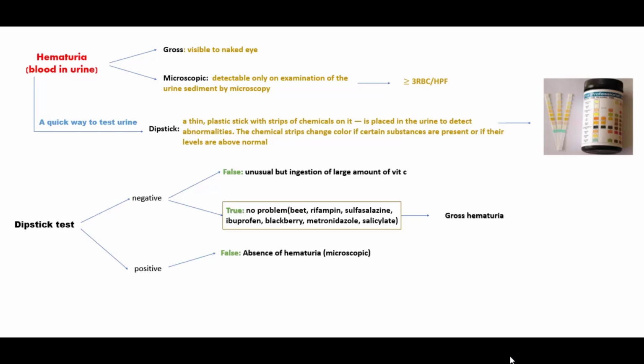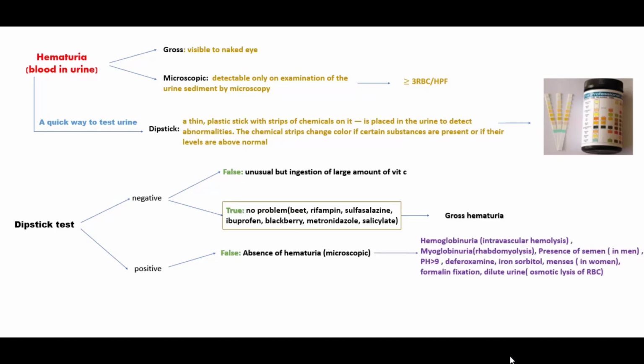False positive. There is no microscopic hematuria, but this is very important, because some settings can induce a false positive, for example hemoglobinuria, intravascular hemolysis, myoglobinuria, rhabdomyolysis, presence of semen in men, pH above 9, deferoxamine because it's a chelator for iron, iron sorbitol, menses in women, formalin fixation, and dilute urine because of osmotic lysis of RBC.